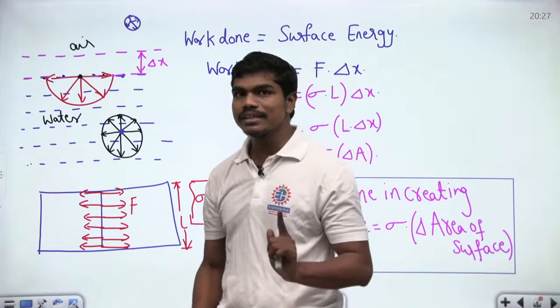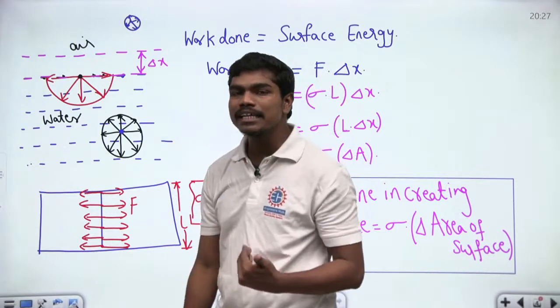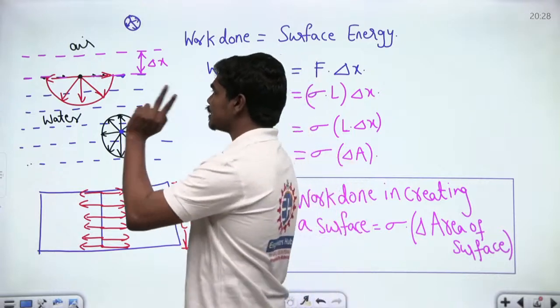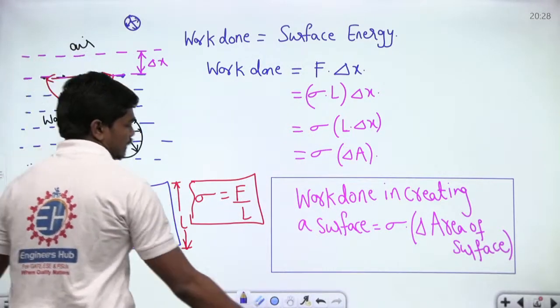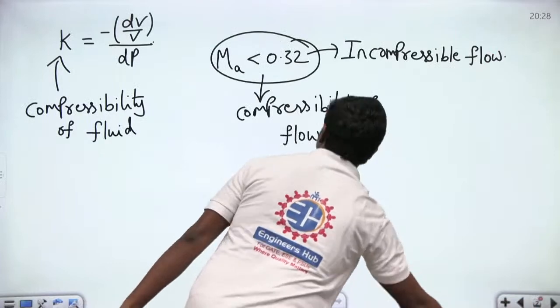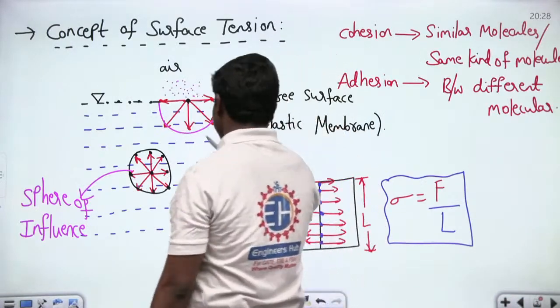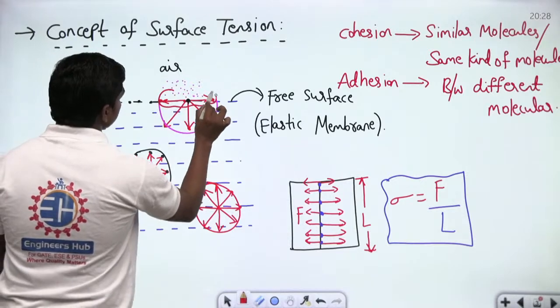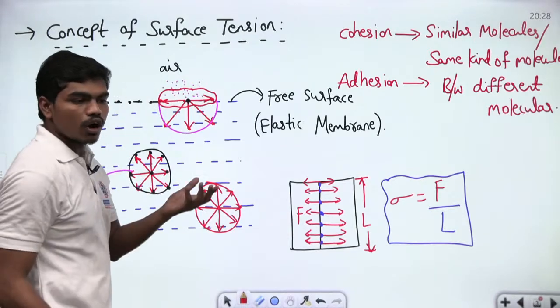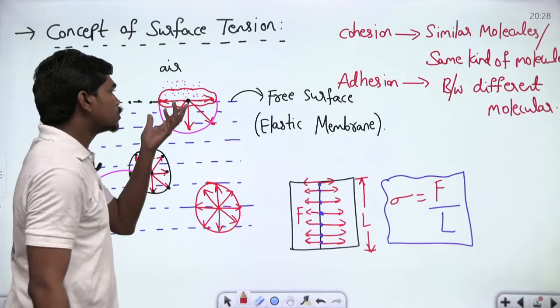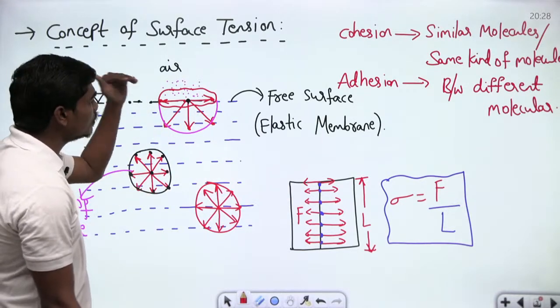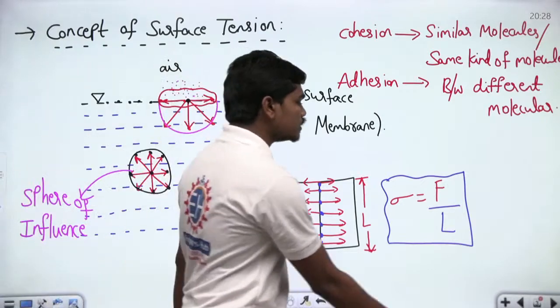But for having surface tension, there should be some imbalance between the cohesion forces and the adhesion forces suffered by the molecules. Correct? That happens only at the interface. For example, if you see this diagram clearly, in the vicinity of this location, there will be this imbalance of cohesion and adhesion forces. So for having this concept of surface tension, definitely there should be some interface. Correct? So let us write this.